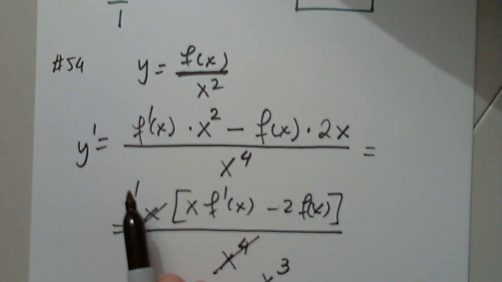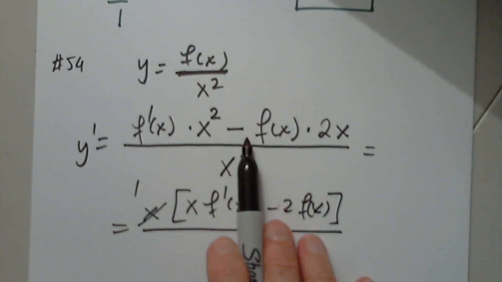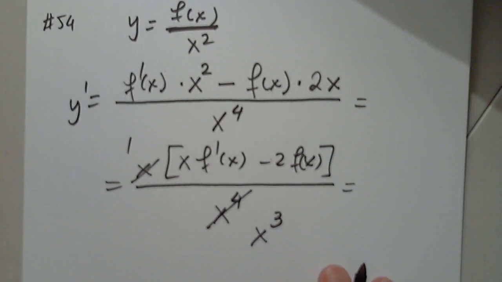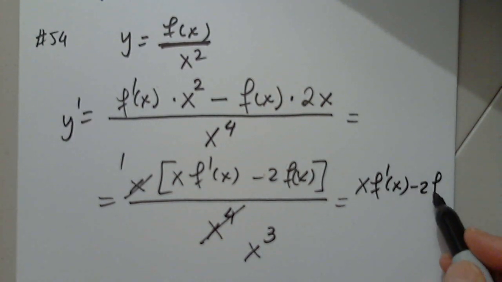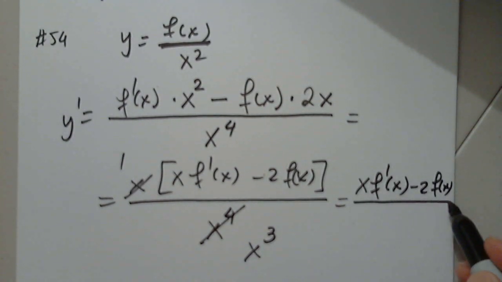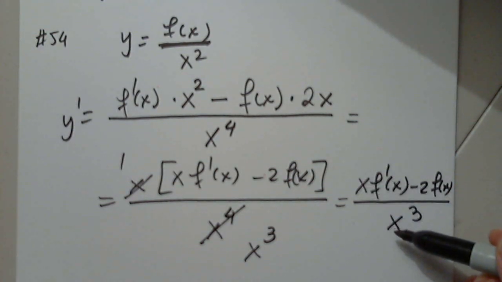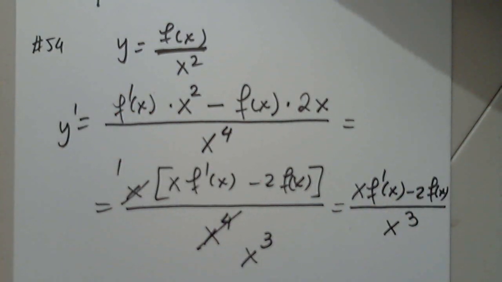I factor out an x, so that's why I still have x f prime, minus, I factor out x, and minus 2 f of x. I simplify, and the simplified form becomes x f prime of x minus 2 f of x over x to the third. Do not attempt to simplify like this. If you want, you can separate it into two fractions, but there is no need.